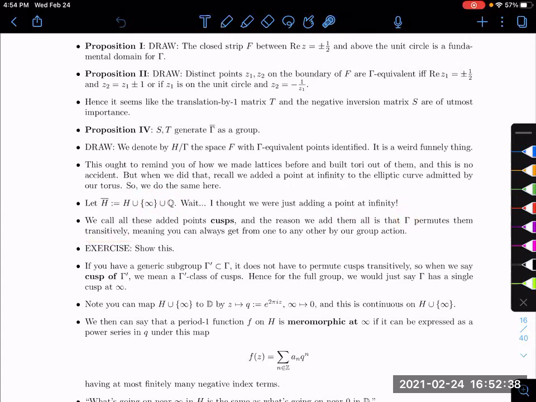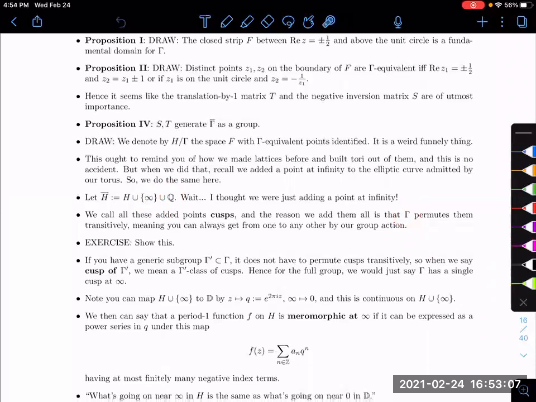So you can always take the point at infinity and act on it with gamma, and you'll never get anything else. You'll never end up anywhere except for at infinity itself or at one of the rational numbers. Conversely, if I start with a rational number and act on it with gamma, I won't end up anywhere but at another rational or at infinity.